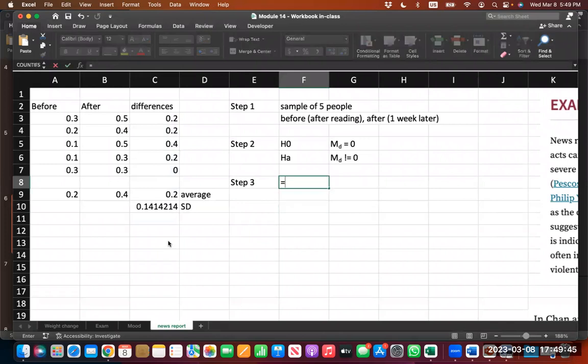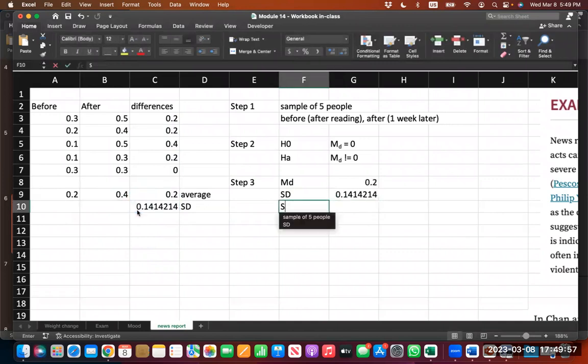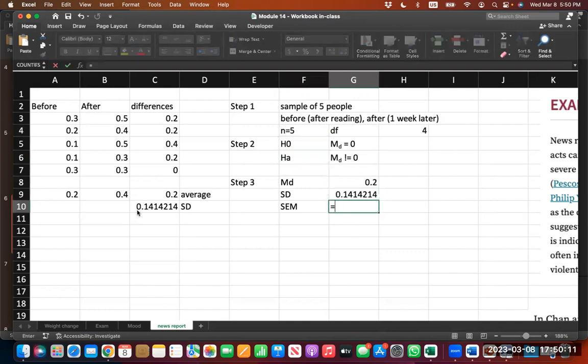So we know now that the mean difference, the MD equals this, the SD equals this, and the standard error of the mean. So we know that N equals 5, and our DF is 4. It's 5 minus 1. So we know that the standard error of the mean is now the SD divided by the square root of 5.